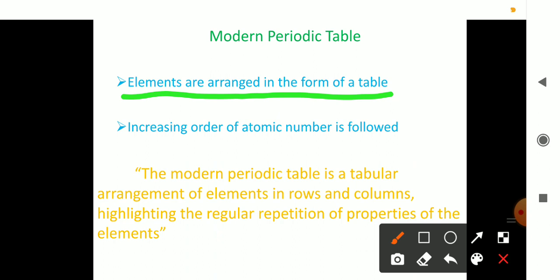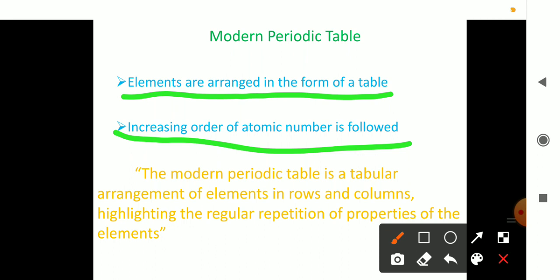And in this table, a criterion is followed, that is increasing order of atomic number, which means the lower atomic number element first, then the higher atomic number. Likewise, throughout this modern periodic table, the increasing order of atomic number was followed. Is it clear? The elements are arranged in the form of a table, and in this table the increasing order of atomic number is followed.